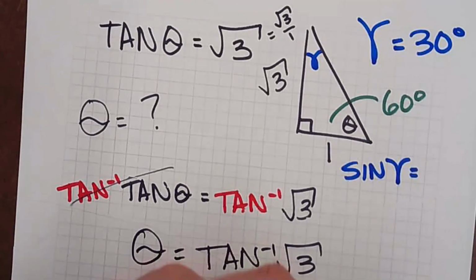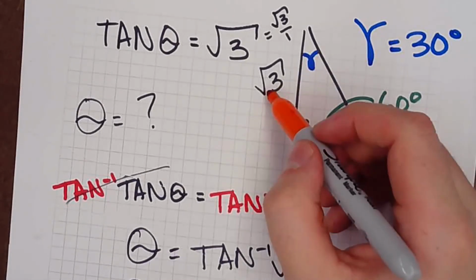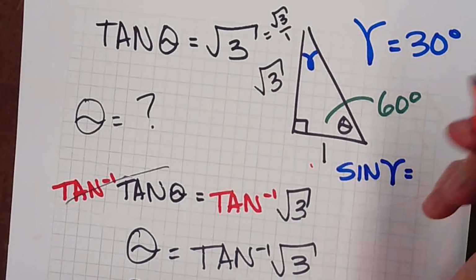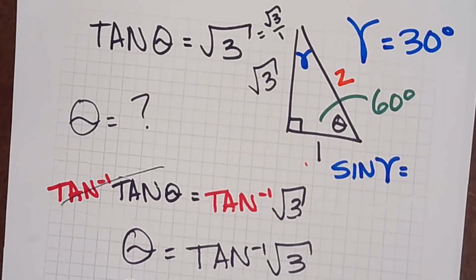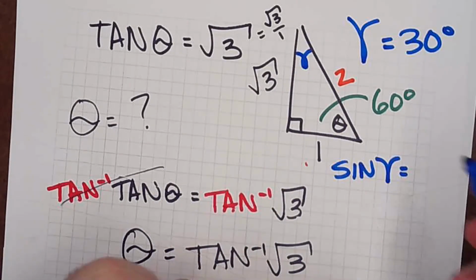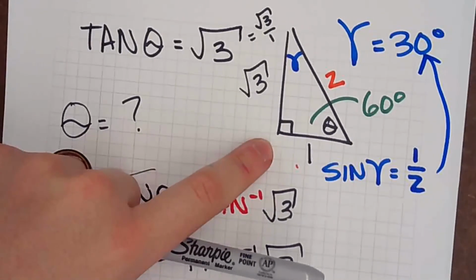What's the side length? 1 squared is? Root 3 squared is? Add them together we get? Root them we get 2. So 1 over 2 gets us 30, just like we did on the last page.